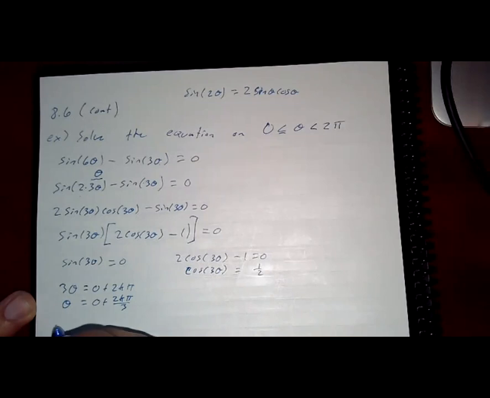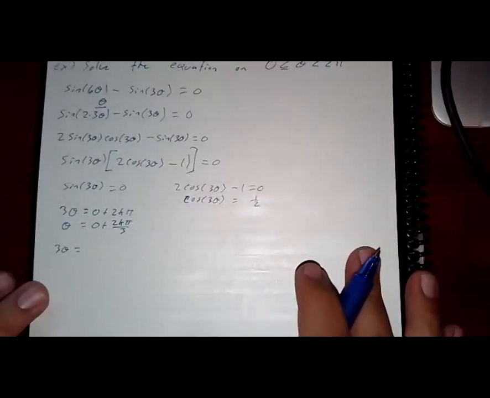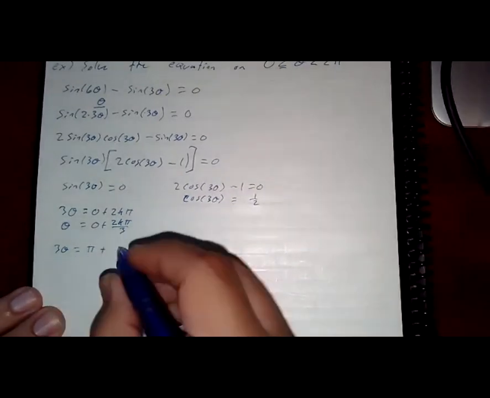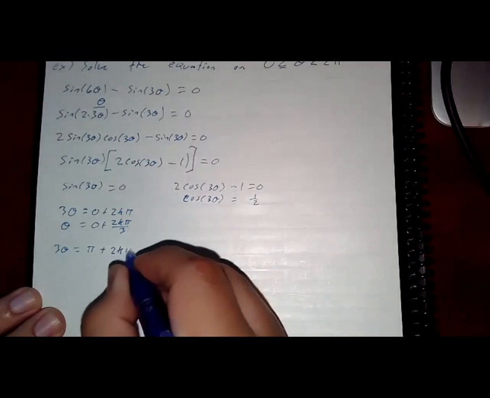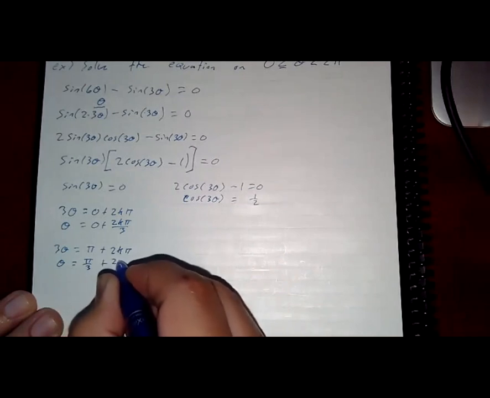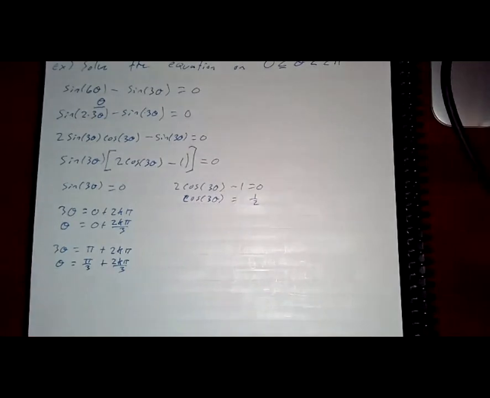Now the other location, 3 theta is equal to pi plus 2k pi. Theta would be equal to pi thirds plus 2k pi thirds. All right. There's my two sets.